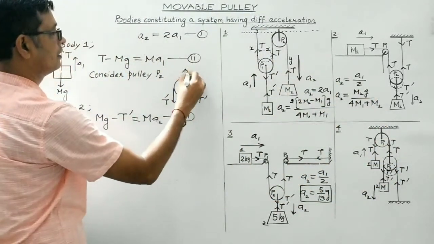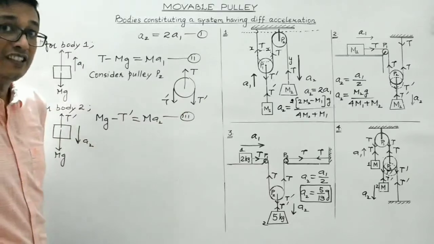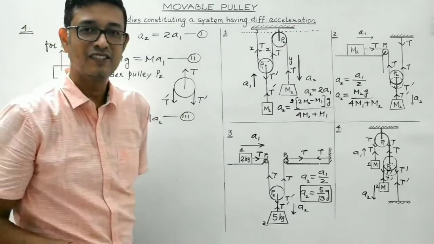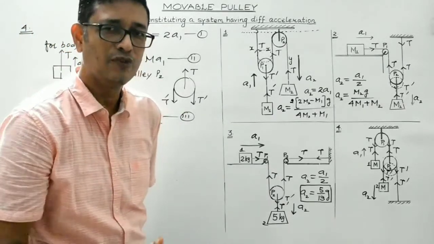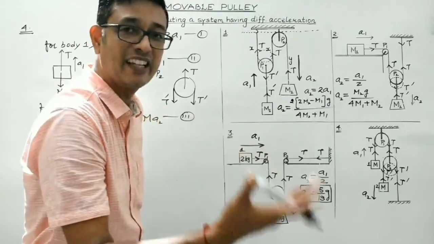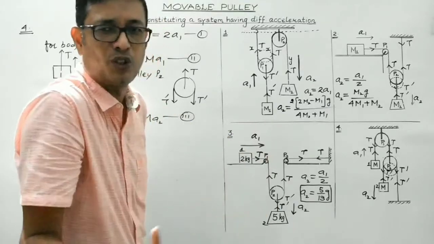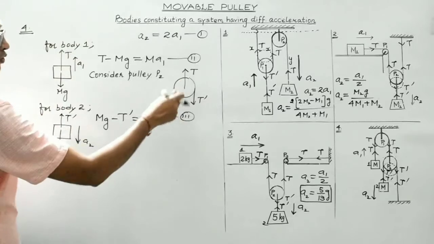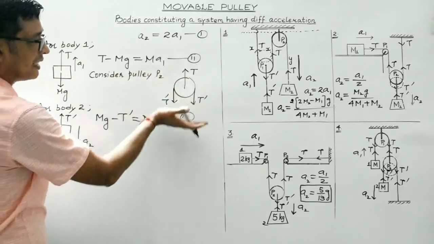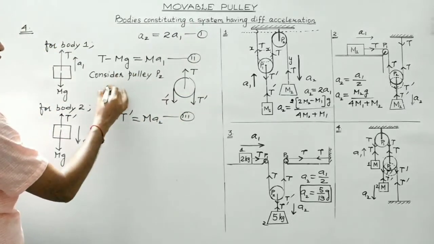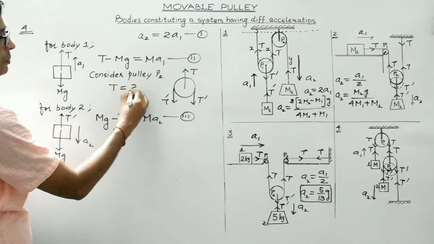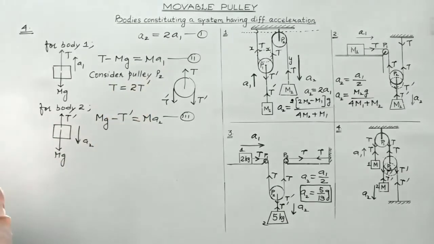It is T. Now since the pulley is massless, the net force acting on it is 0. Force is equal to mass into acceleration. If mass is negligible, the net force acting on the body is also negligible. Therefore, net upward force must be balanced by the net downward force. So T, the net upward force, must be balanced by the net downward force. Clear? So these are the equations.